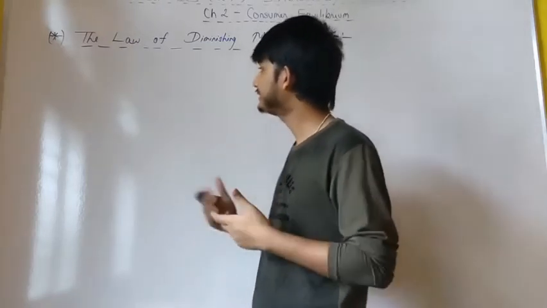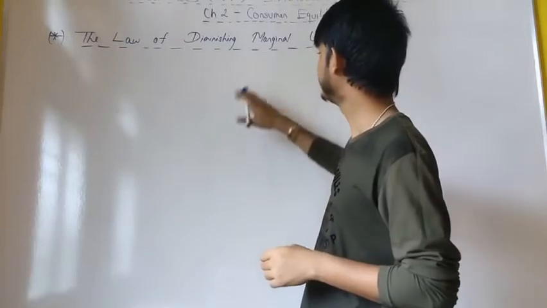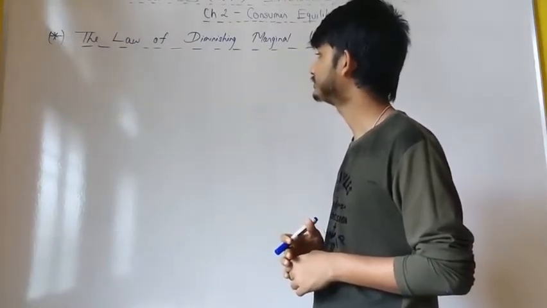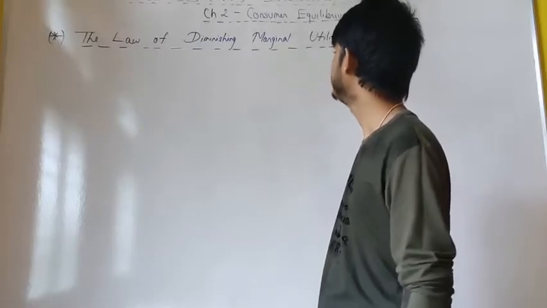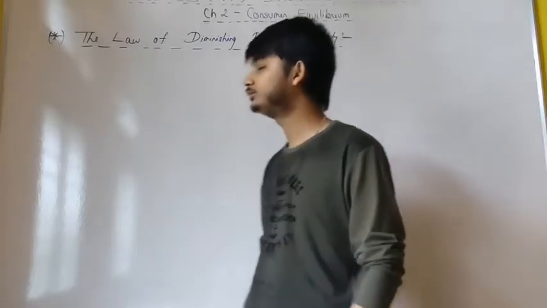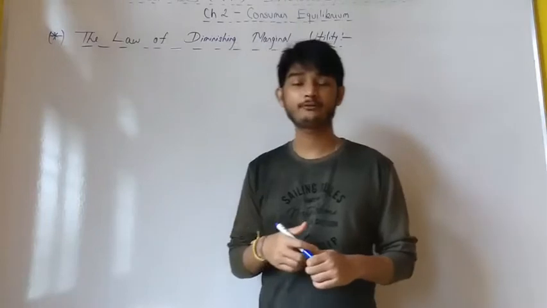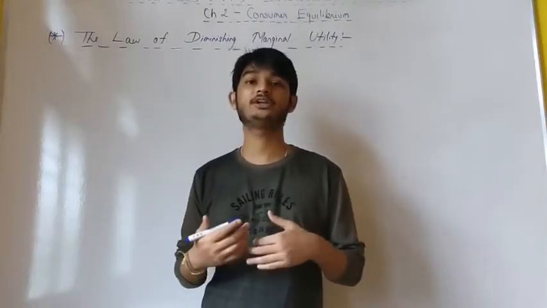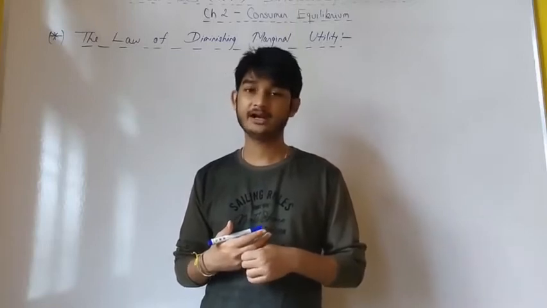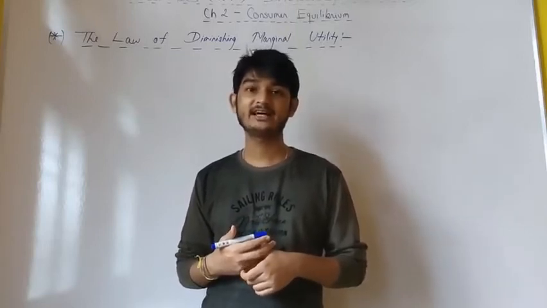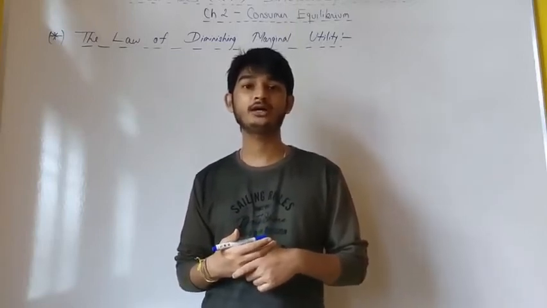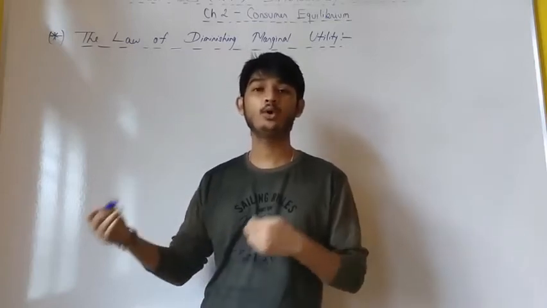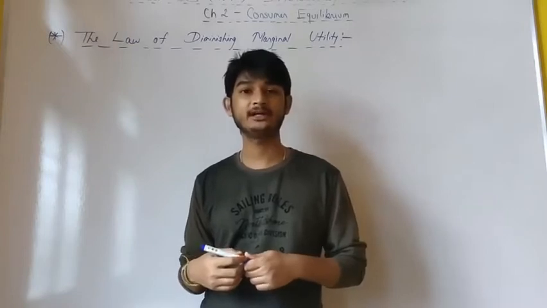Today we will take a step further and we will go through this concept which is known as the law of diminishing marginal utility. Well, students, from our last class we already know what marginal utility is. Marginal utility is the addition made to the total utility from the consumption of one more extra unit of the commodity.